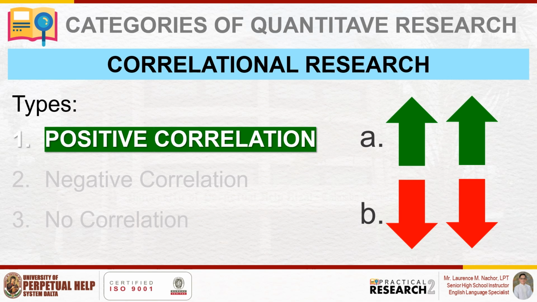For example, social media engagement and self-perceived confidence. And another thing, demand and supply. If there is an increase in the demand, then there is also an increase in the supply, and vice versa. If there is a decrease in the demand, then certainly there is a decrease in the supply. So that's what we call positive correlation.